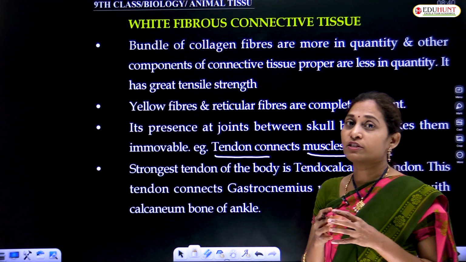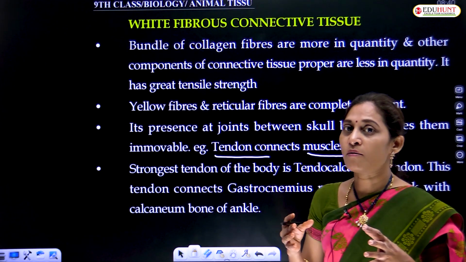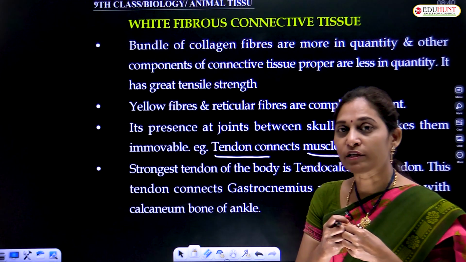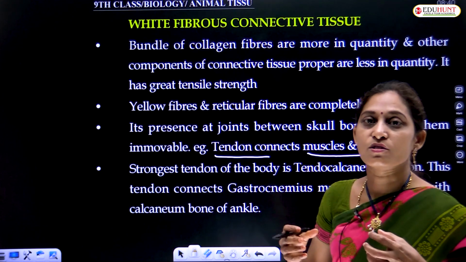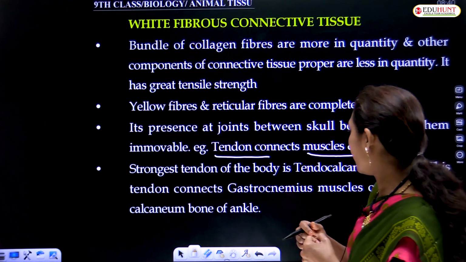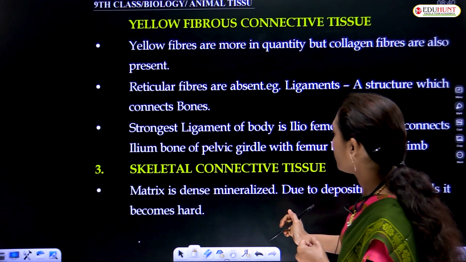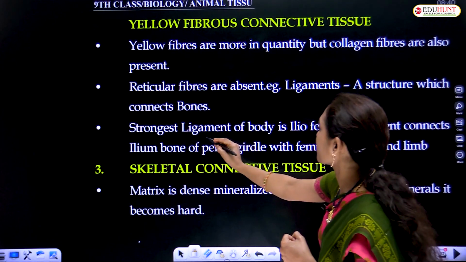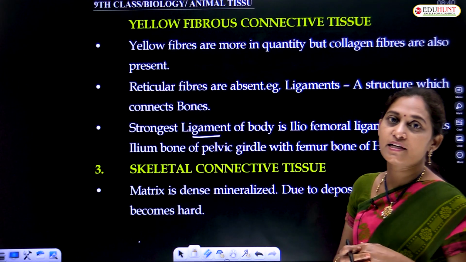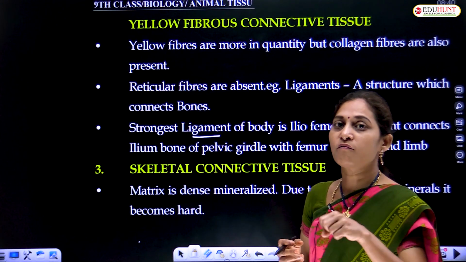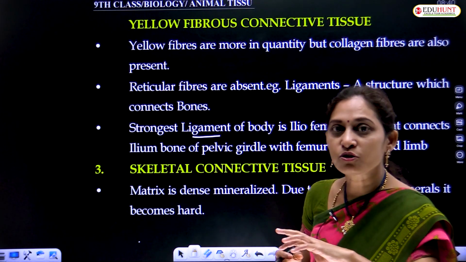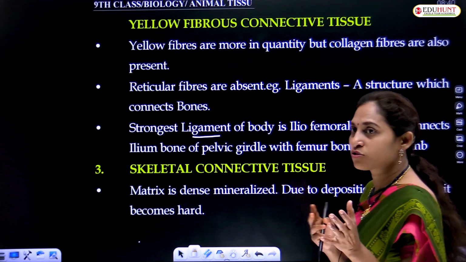And the connective tissue which forms a bond between two bones is a ligament. ఇది కూడా మనం చెప్పుకున్నాం ligament గురించి. Yes, ligament is the connective tissue which binds two bones, which connects two bones.